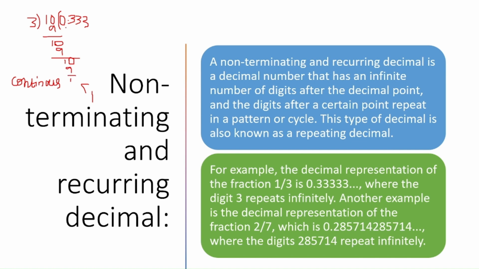So here we observe the 0 after the point, and the 3 is repeating continuously. It is also non-terminating, and the 3 is also repeating continuously. That's why 1 by 3 is said to be a non-terminating and recurring decimal. Recurring means repeating.